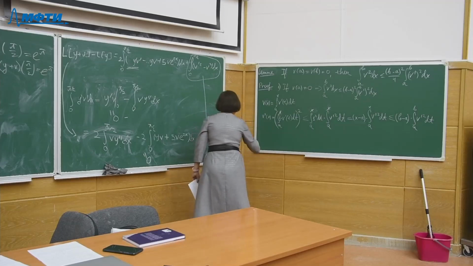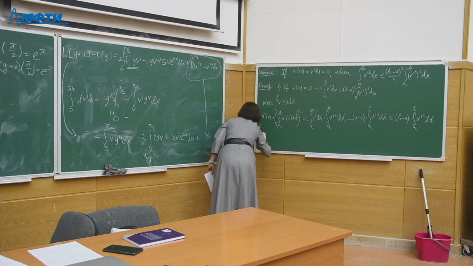Next I integrate from a to b of v squared dx.